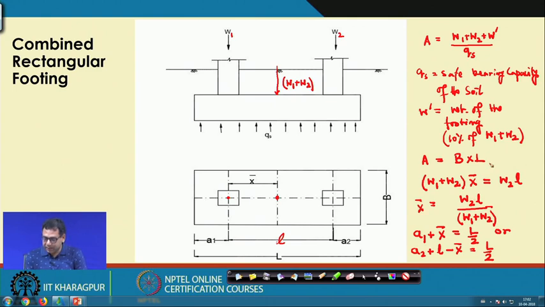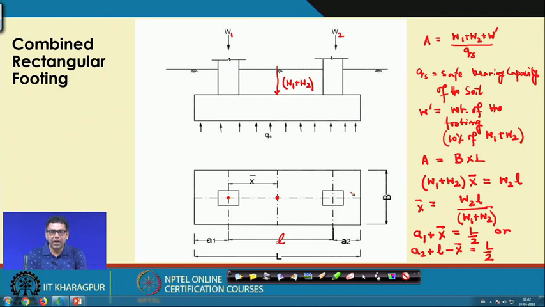And if I assume any B value or L value, if I know the area, then I can assume the B value. If I assume the B value, I can get the L value also, and if I know the L value and I know x bar, I can calculate A1 and A2.